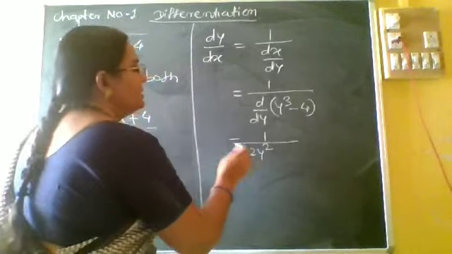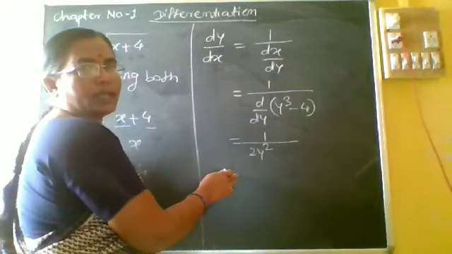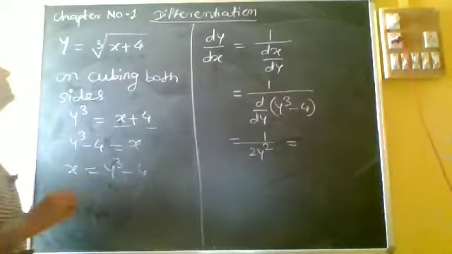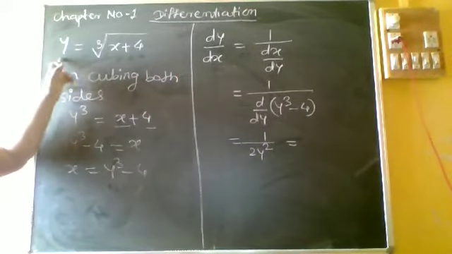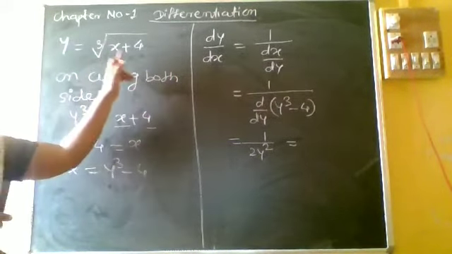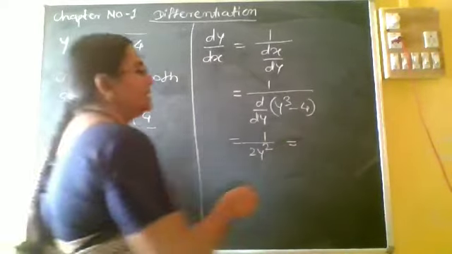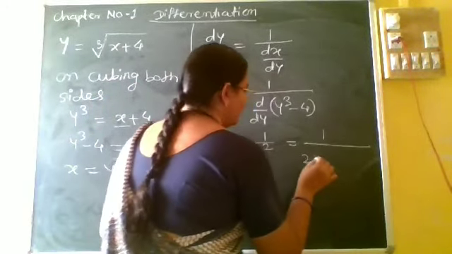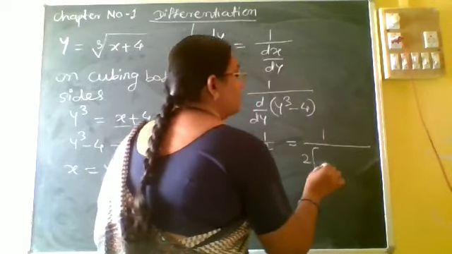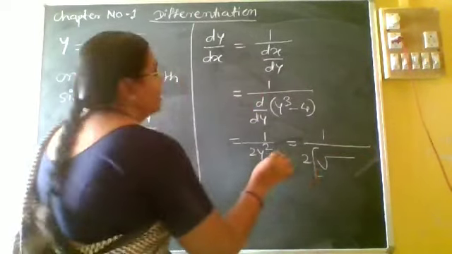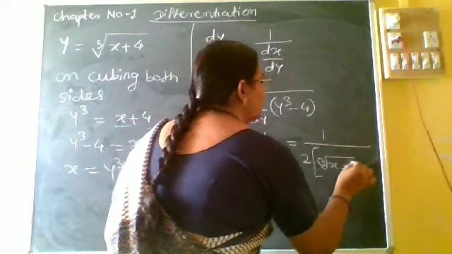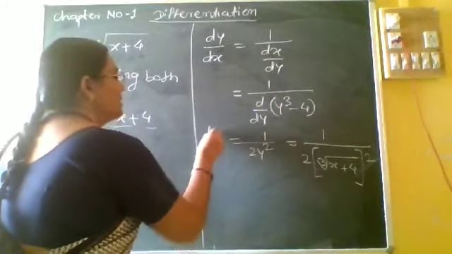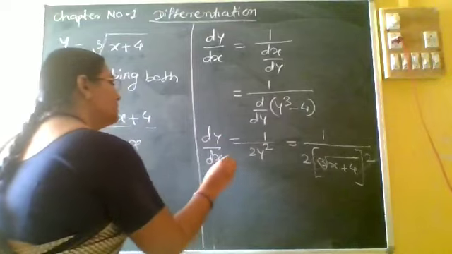So that is equal to 1 upon 3y square. Then putting the value of y, y is equal to cube root of x plus 4, that is 1 upon 3 into cube root of x plus 4 bracket square. This is the derivative of the given function.